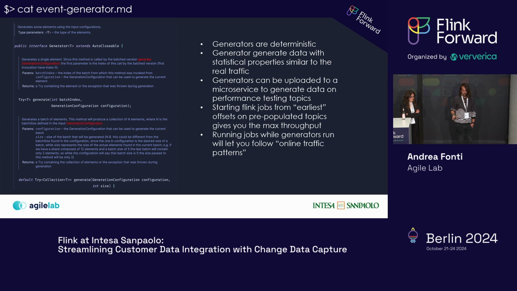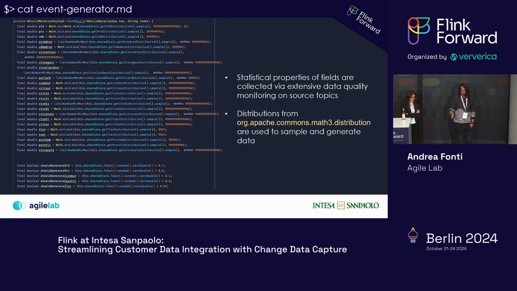Generators are deterministic. Same generator, same seed, same data generated on Kafka. Then we use distributions from Apache Commons Math to sample a normal distribution or other kinds of distribution and generate realistic data that is random, or we will need to do anonymization of actual production traffic, and that is a pain in the banking sector.